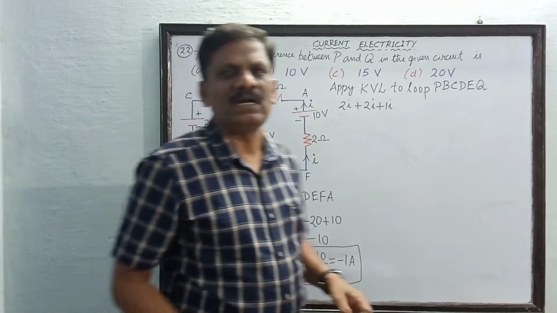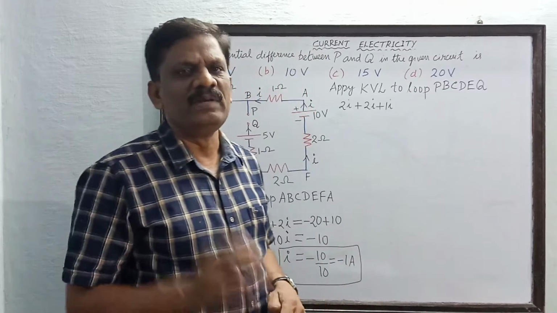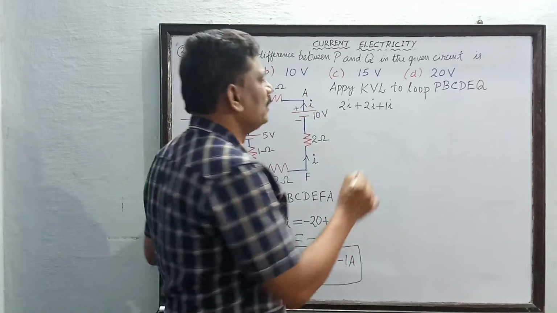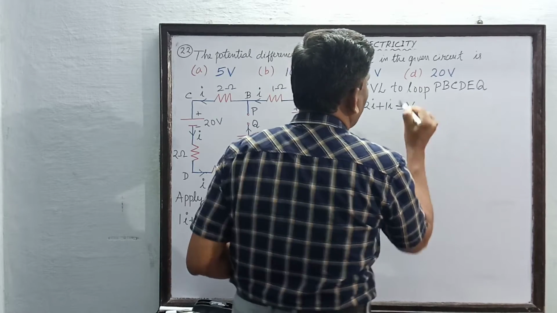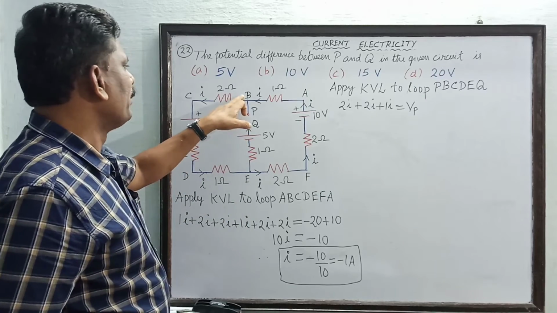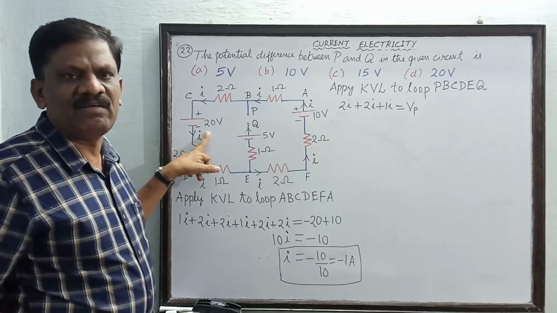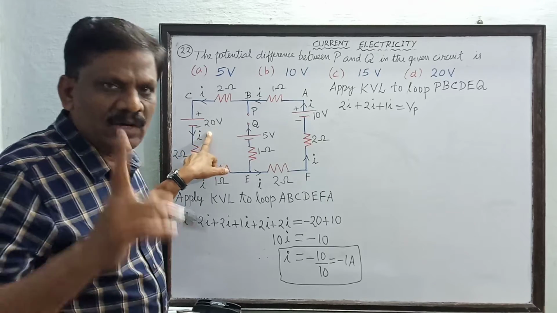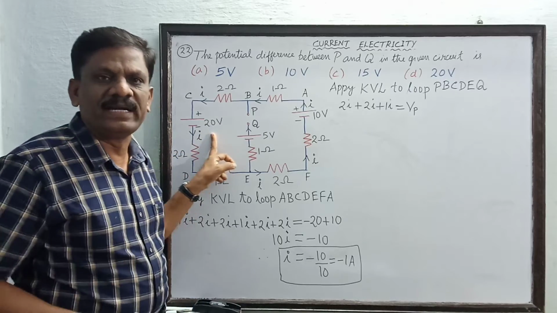Now, once again, you start from the point P. We want the potential difference between P and Q, is it not? So this must be equal to the potential at P. Then from B to C there is no cell. Then from C to D there is a cell of EMF 20 volt. Now you tell me, is the EMF 20 volt positive or negative?